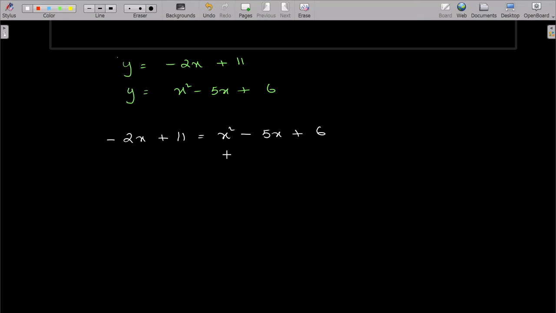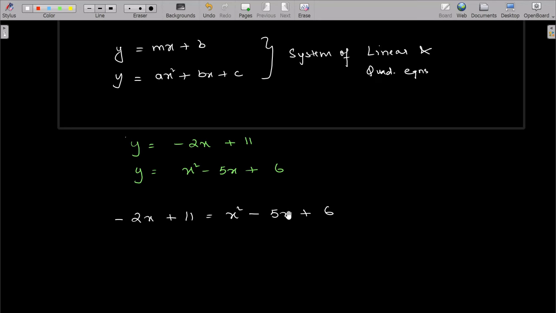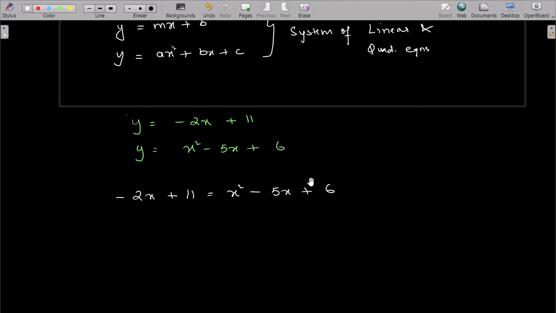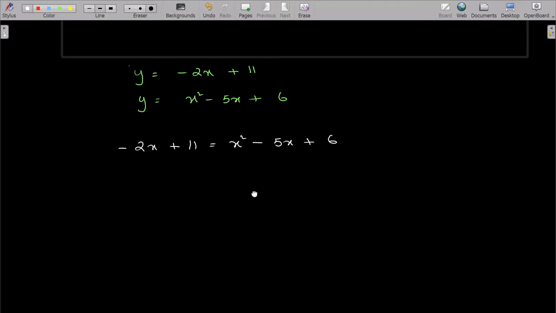And then what would you do? I would move the negative 2x plus 11 to the other side. Perfect. So now we will create a new quadratic equation by bringing everything on one side. If the question asks just the nature of roots, then we would not need to solve the entire quadratic equation.